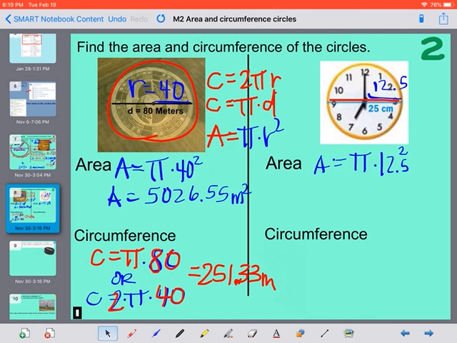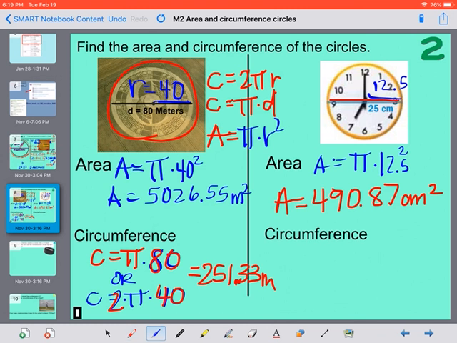So in my calculator, I'm going to hit pi times 12.5 to the power of 2, which gives me 490.87. We're talking about area, so we have centimeters squared.